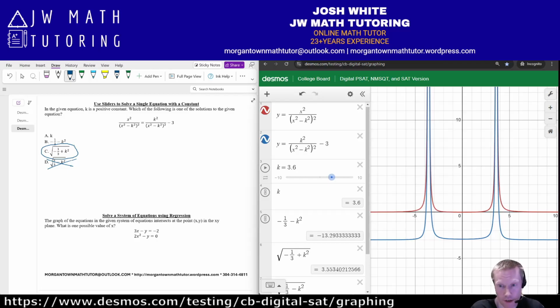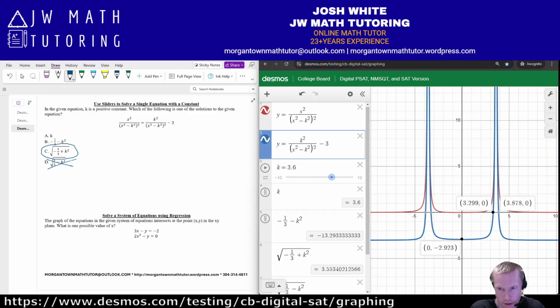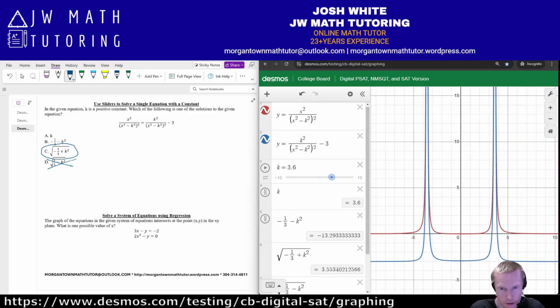Now, again, notice on the graph, I don't have any points highlighted, but if you click around, let's see, here it gave us some. Do we see any other?